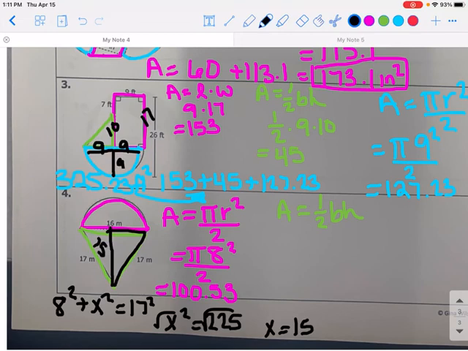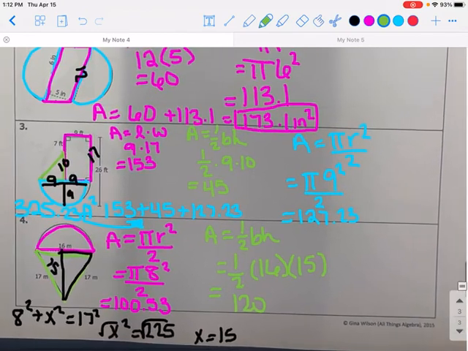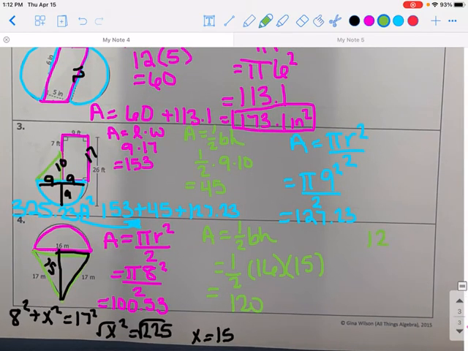So now I can finish doing my triangle. 1/2 base, which we said of that big triangle is 16, and the height is 15, which is equal to, I'm going to calculate it, 120. Last step, 120 plus 100.53, which is 220.53. Oh, didn't put my units. Meters squared.